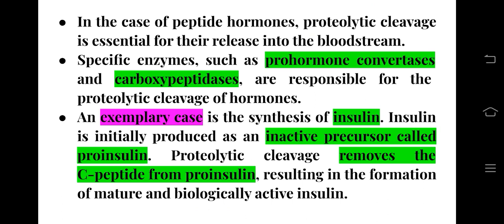It's the synthesis of insulin. Insulin is initially produced as an inactive precursor called proinsulin. Proteolytic cleavage removes the C peptide from proinsulin, resulting in the formation of mature and biologically active insulin. And why are we mentioning this?